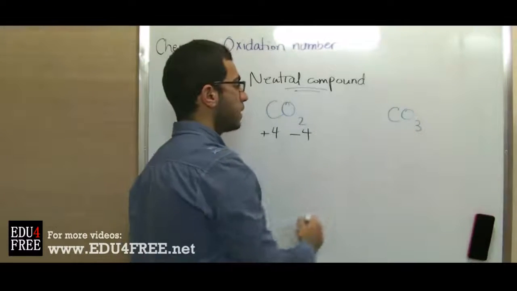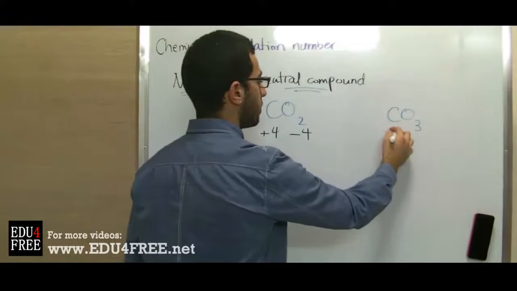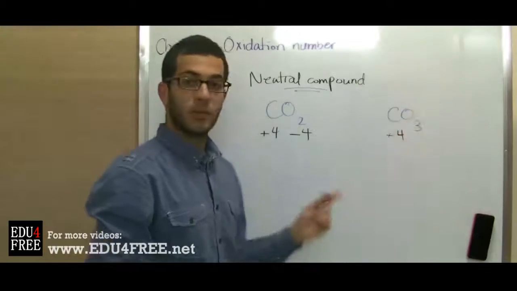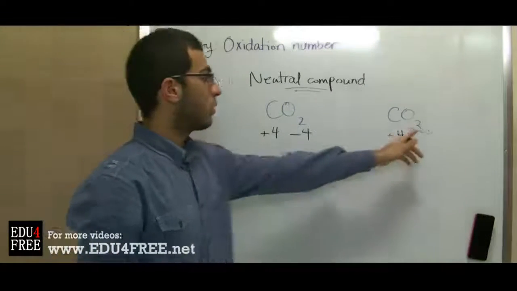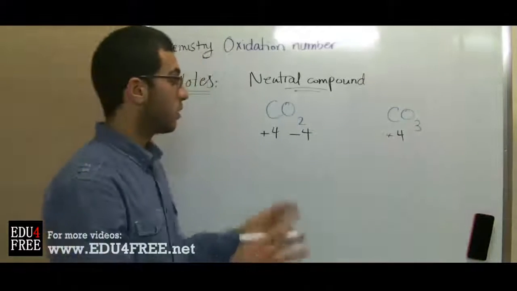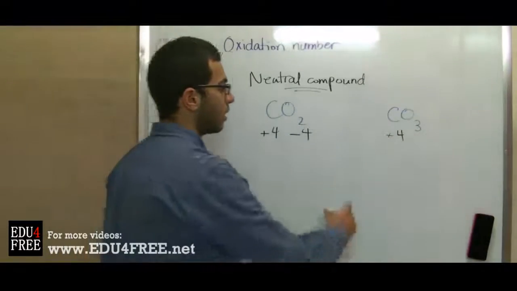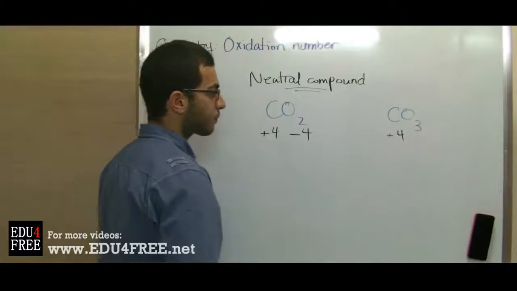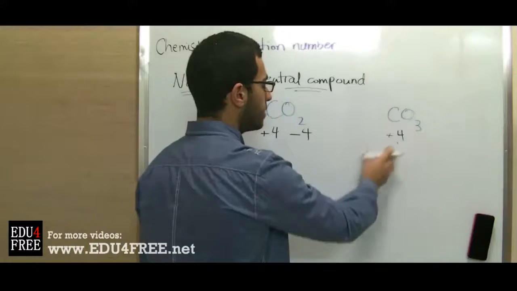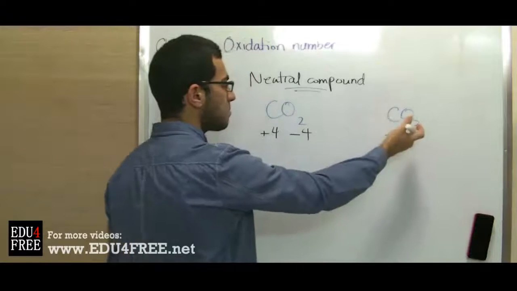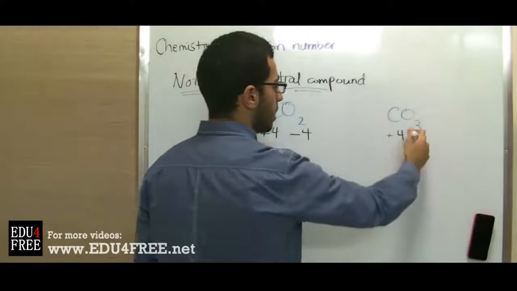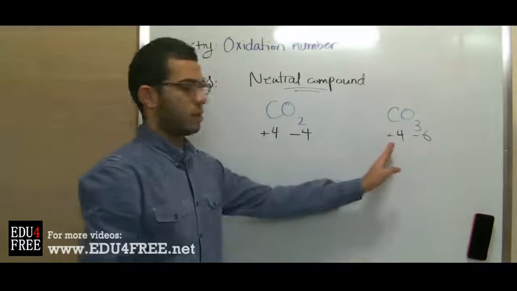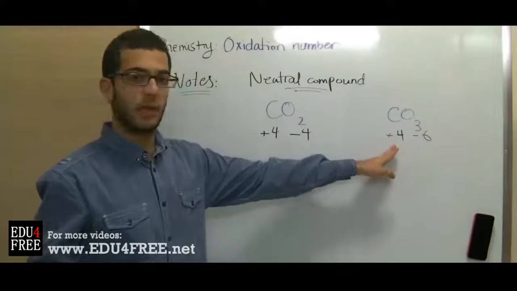On the other side, the oxidation number of carbon is positive 4, and the oxidation number of one atom of oxygen is negative 2. Here we have 3 atoms of oxygen, so we have a total number of 6 electrons that will be somehow gained or shared by carbon. So this will have negative 6, but carbon will only give just 4 electrons.